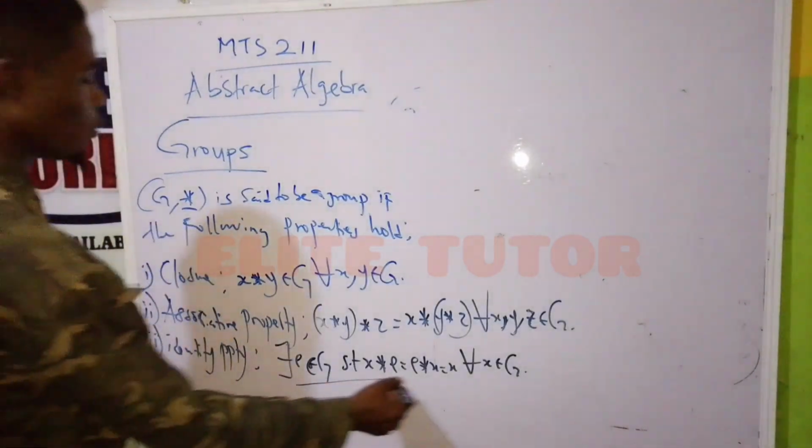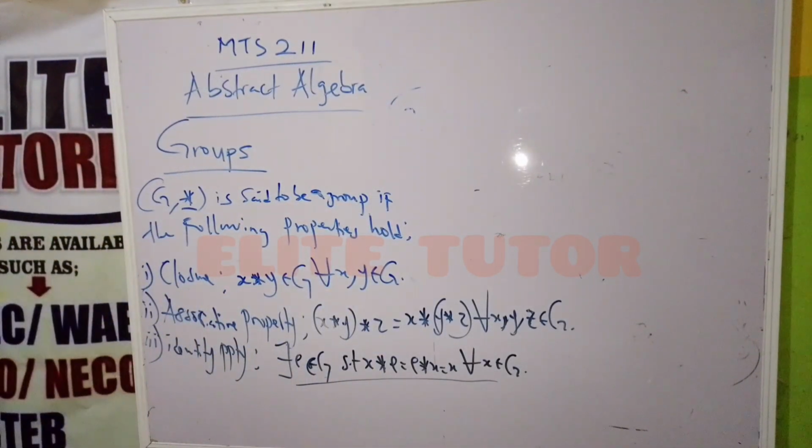This is what we call the identity property definition.